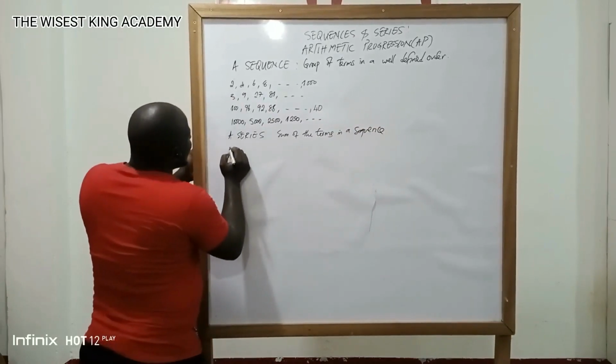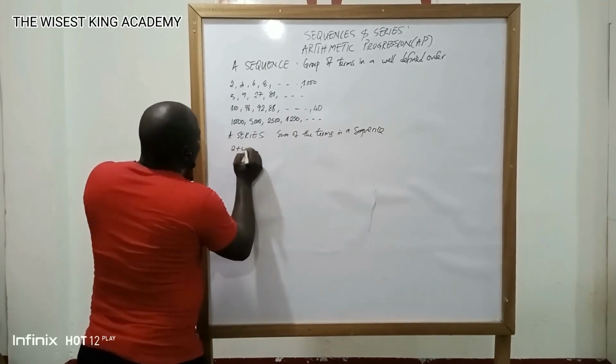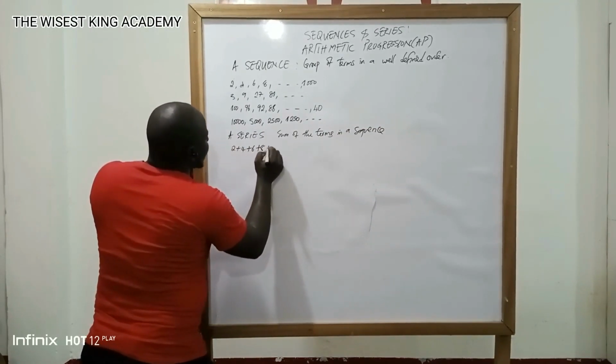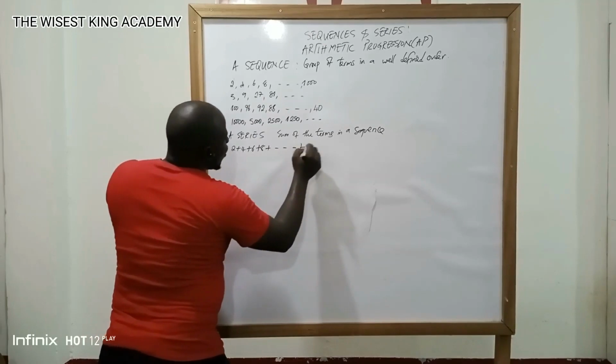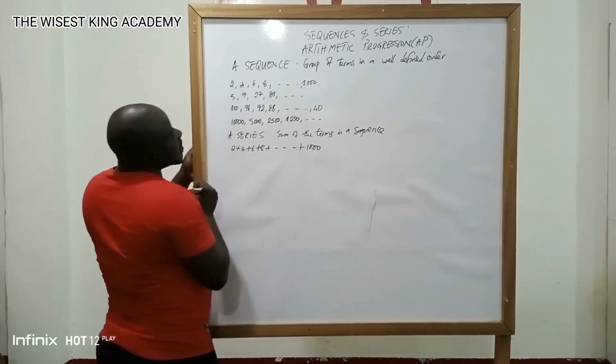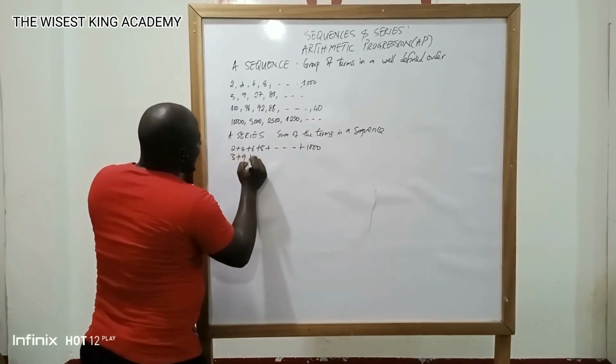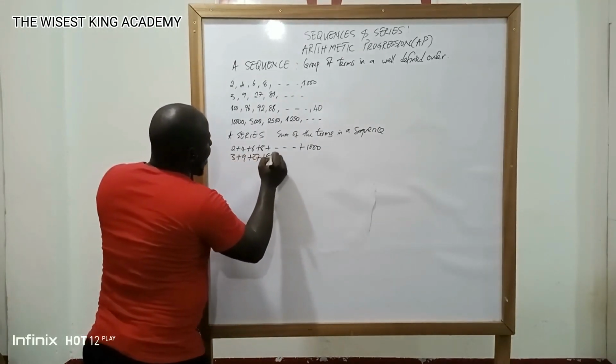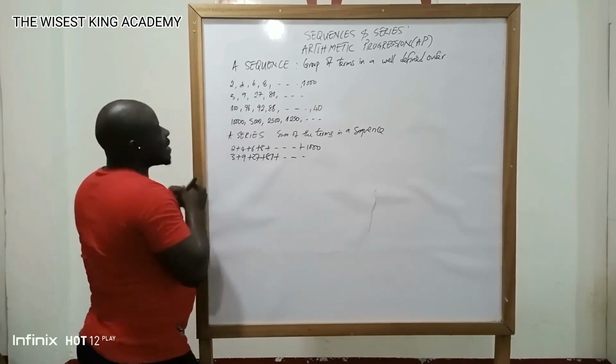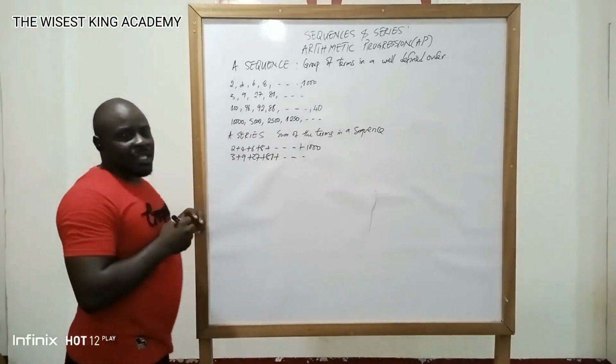Now, if we take for example, we have 2 plus 4 plus 6 plus 8 plus and so on, plus 1000. That's the series of this first sequence. We have 3 plus 9 plus 27 plus 81 plus and so on. That's the series of the second sequence.